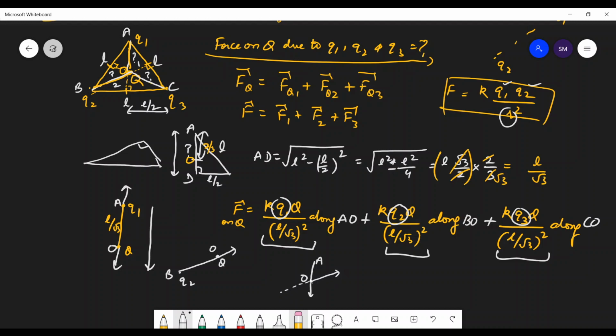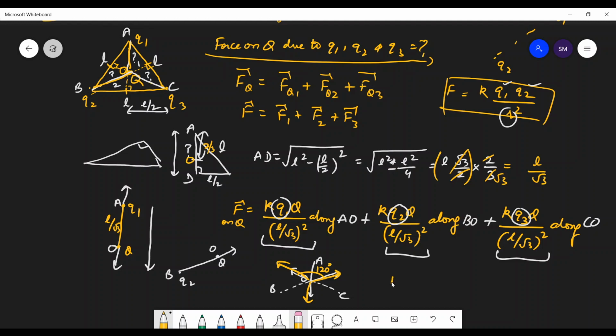So these are the three forces. What is the angle between them? 120 degrees. So the angle between them is 120 degrees.